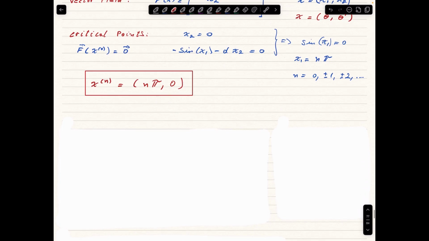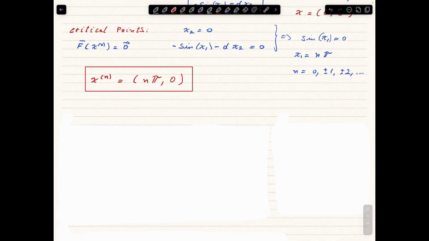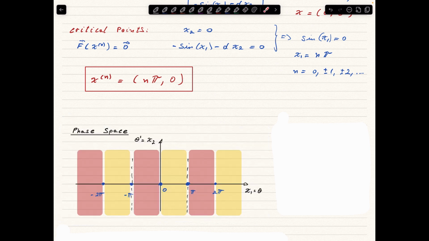We can see them if we go to the phase space. The phase space, recall, is the space x1, x2, which in this case is theta and theta prime, and then we have 0, pi, 2 pi, negative 2 pi, and so on, infinitely many. But they are all on the horizontal line x1, the angular position theta.